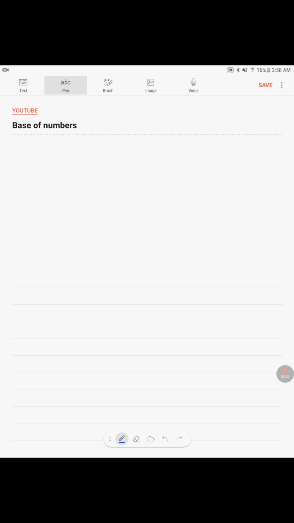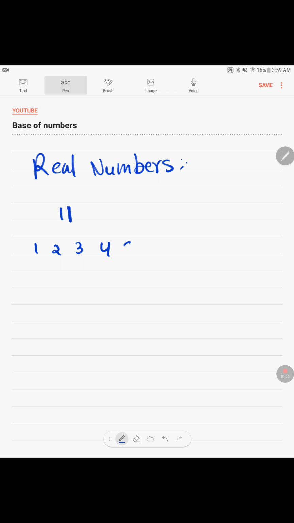Meaning, let's say we'll take real numbers. If we think about real numbers, let's say the number 11. The number 11 is base 10 because when we start counting, 1, 2, 3, 4, 5, 6, 7, 8, 9, now we hit the 10.